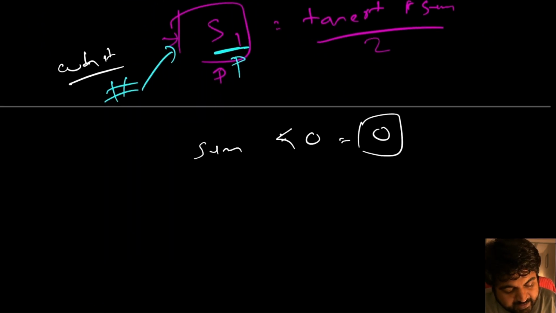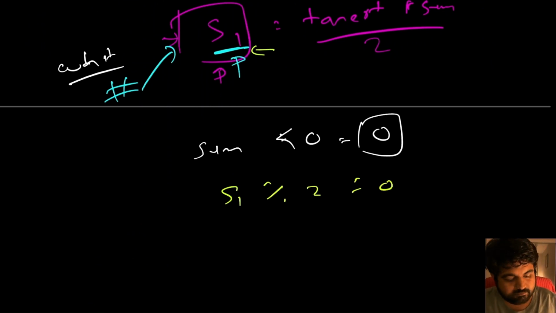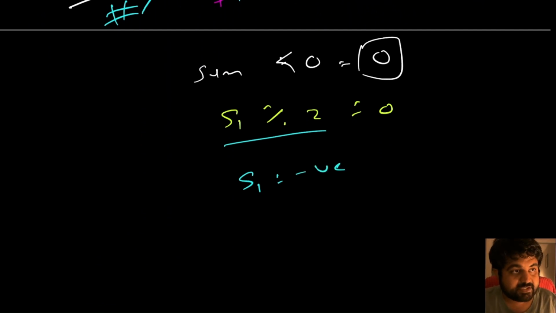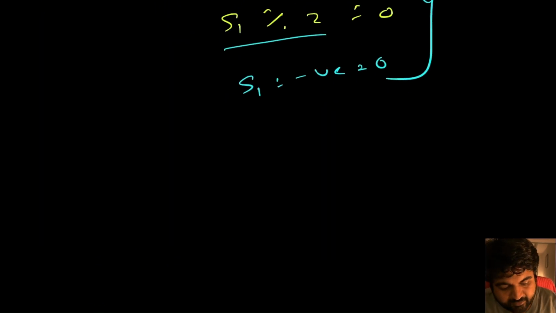In the same way, if we identify that target plus sum is not divisible by 2, then also we can return 0. Next, if in any scenario the s1 value becomes negative, then we cannot find the subsequent s2 value, because in front of s2 we are putting all the negative values, so we can return 0 as well. These are going to be our edge cases, so we can get rid of them.